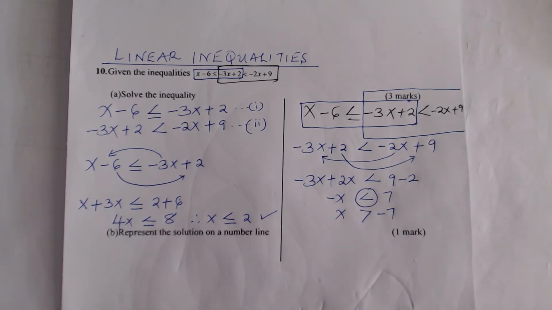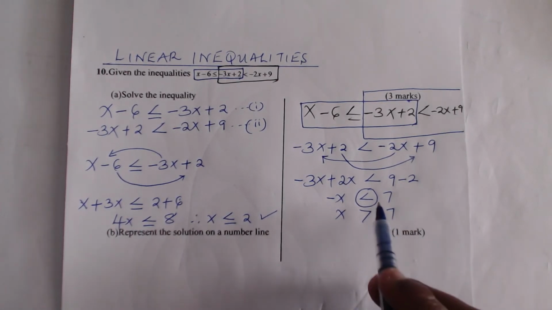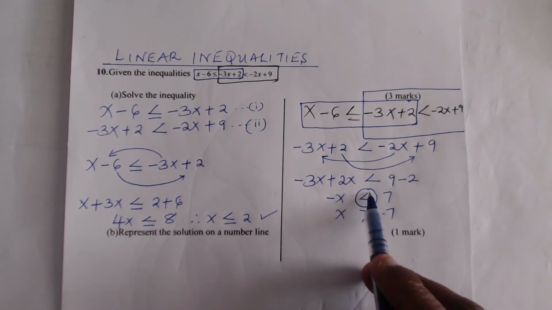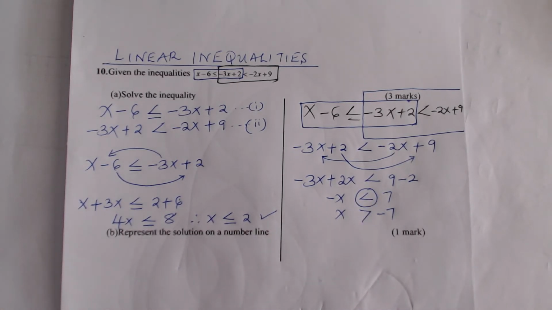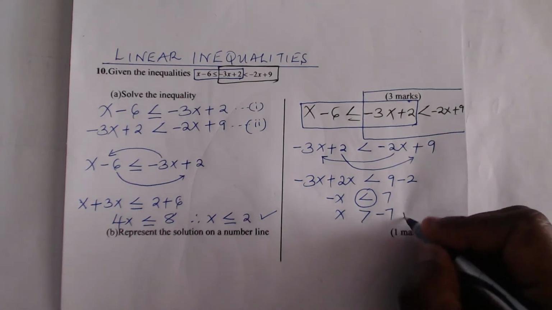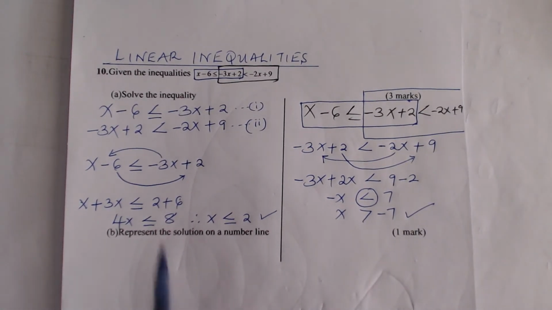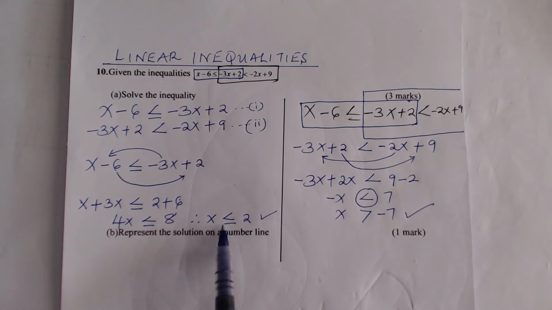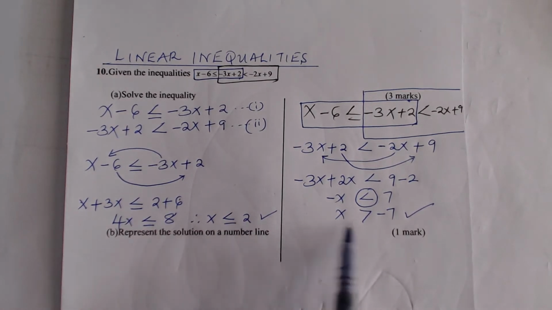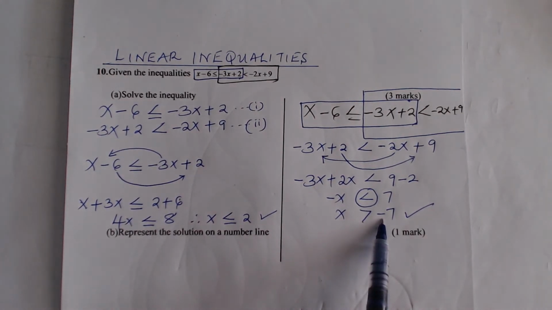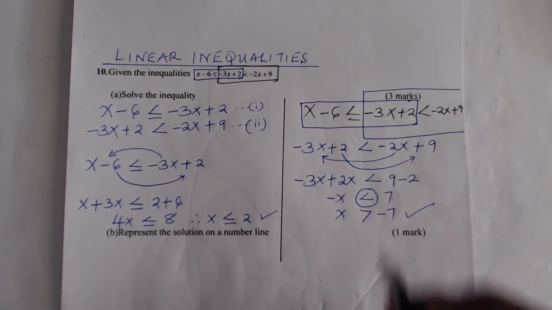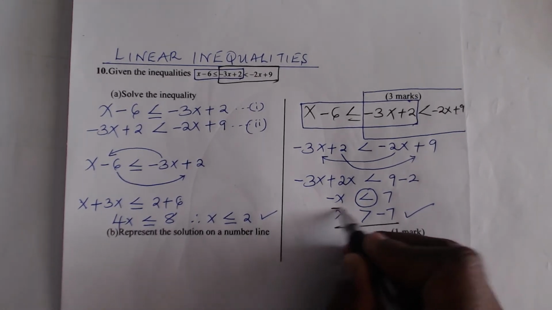When you divide or multiply both sides by a negative, the inequality sign changes to the opposite. If it is less than, it becomes greater than. If it is less than or equal to, it becomes greater than or equal to, and vice versa. So that is the solution. Therefore x ≤ 2, and x > -7. These are the two solutions.